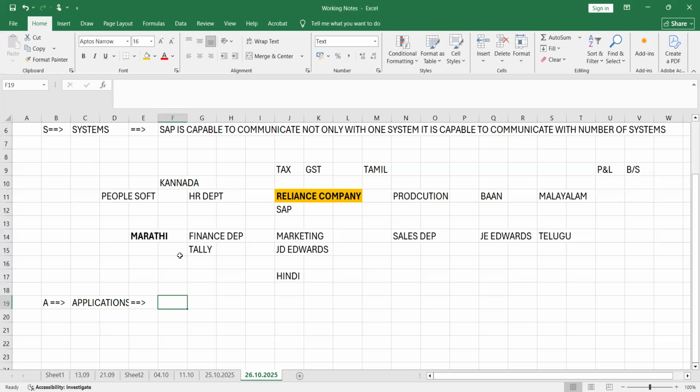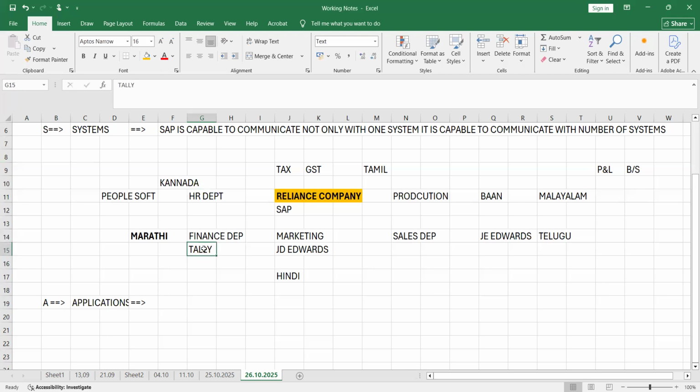Oracle will support only a few departments. Tally will support only the accounting department. PeopleSoft will support only the HR department; it will give you an end-to-end solution for HR. Tally will give you an end-to-end accounting solution.